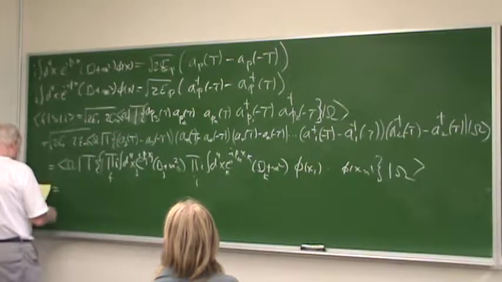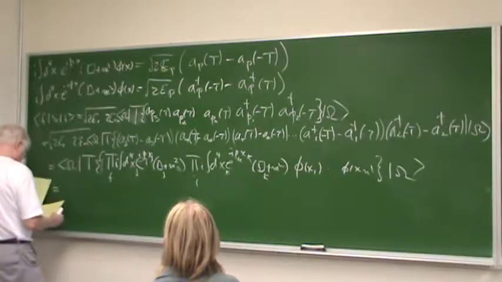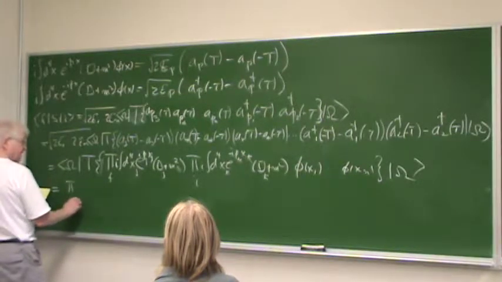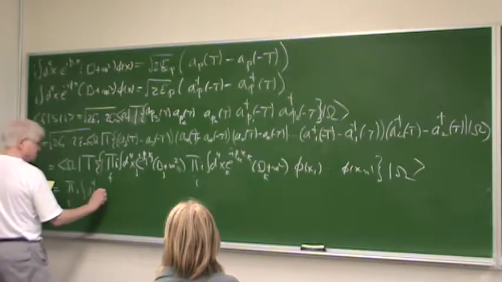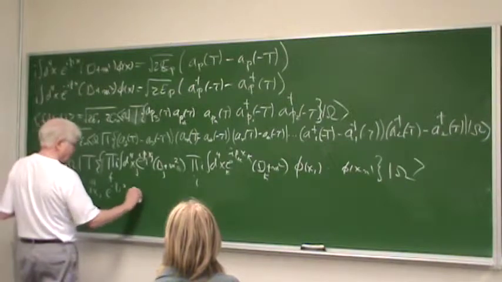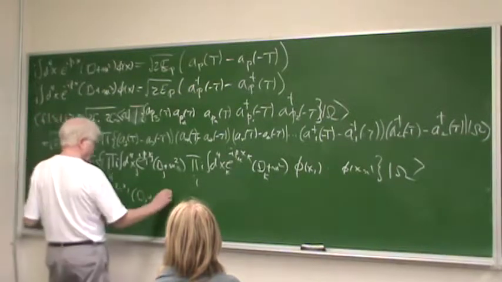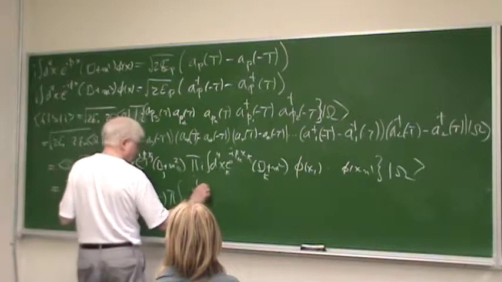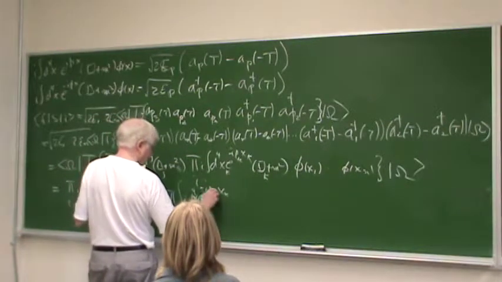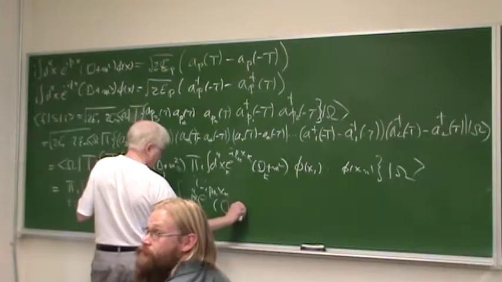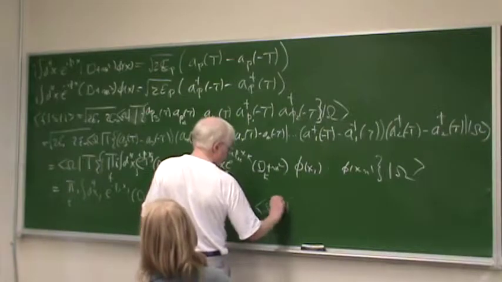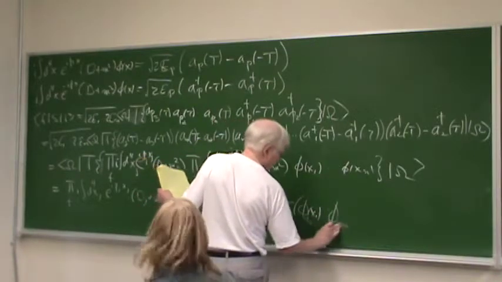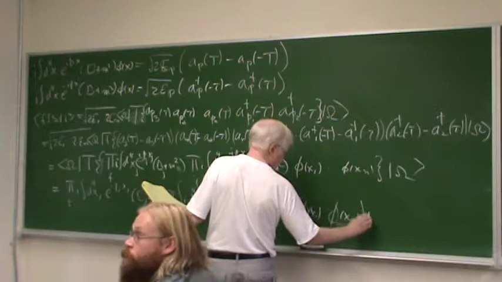So the final thing then is the product over the final states, i integral d4x_j, e to the i p_j x_j, box_j plus m squared, product over the initial states, i d4x_k, e to the minus i p_k x_k, box plus m squared, and now vacuum, time-ordered product phi of x1 through phi of xn, vacuum.